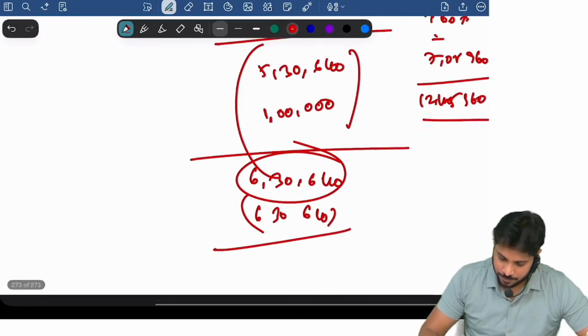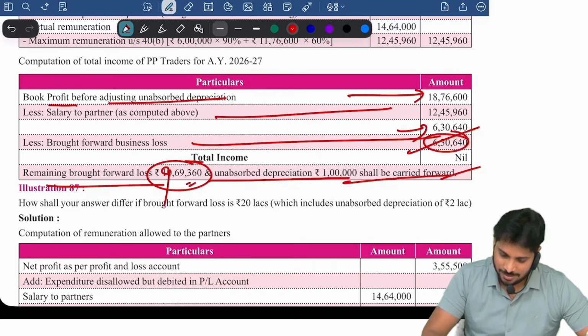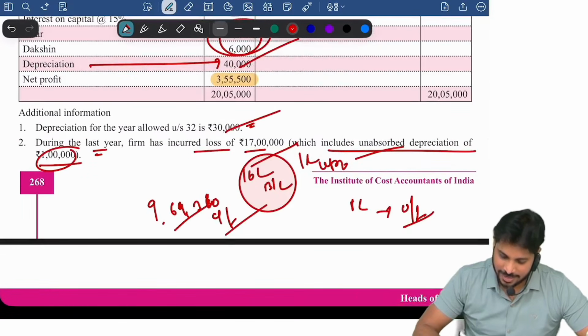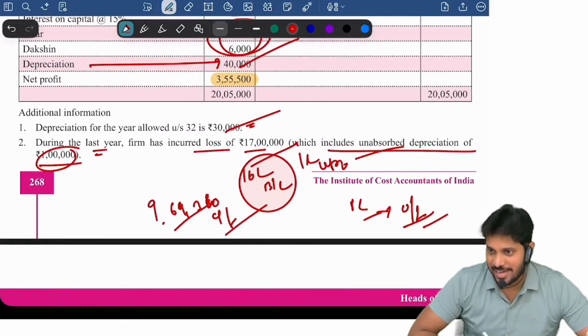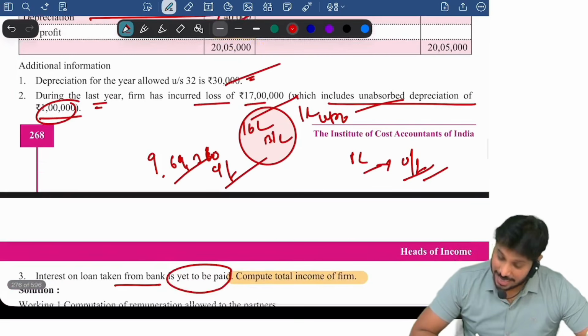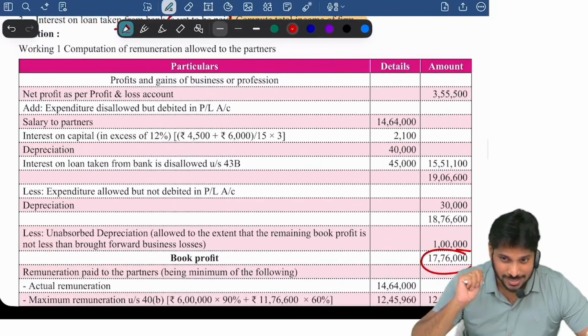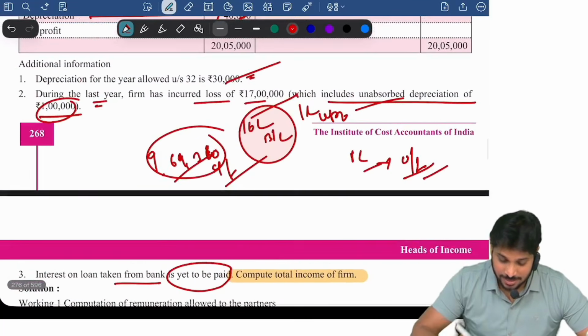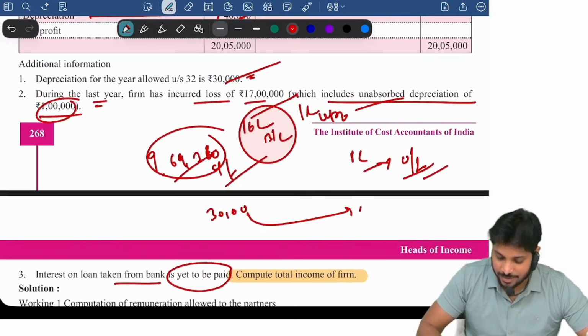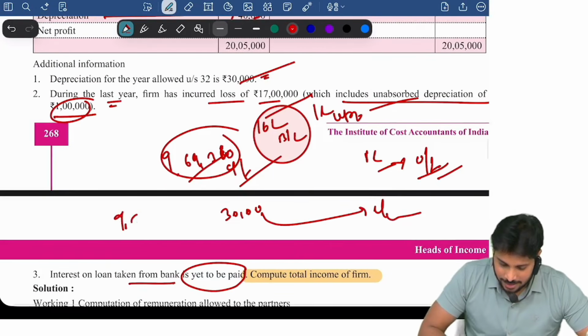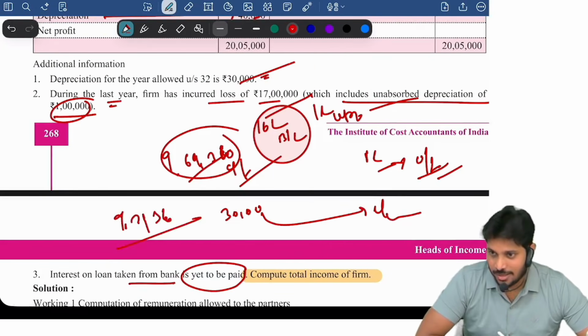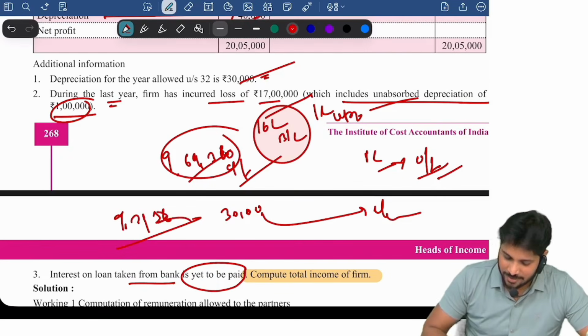That's what I told. Correct? Here somewhere I wrote 9,69,000 will be carried forward. 1 lakh will anyhow be carried forward. But actually in the current year, in this 9,69, there is depreciation of current year, some 30,000, no? That will also be in this, and 9,39,360 is the business loss, because in the current year we have enough profit.